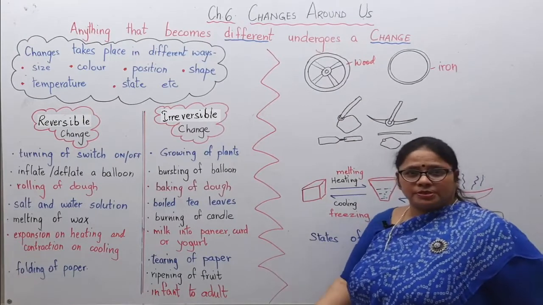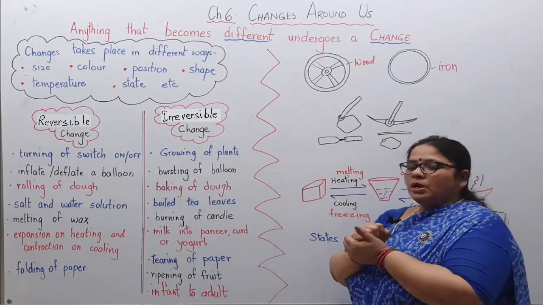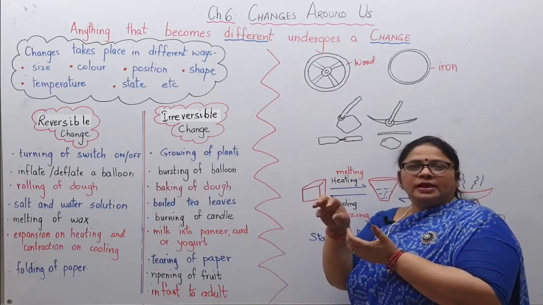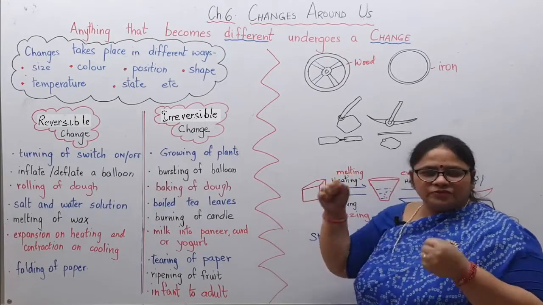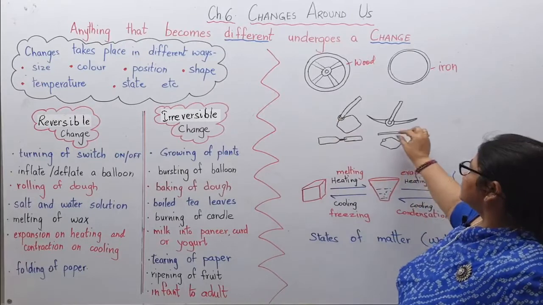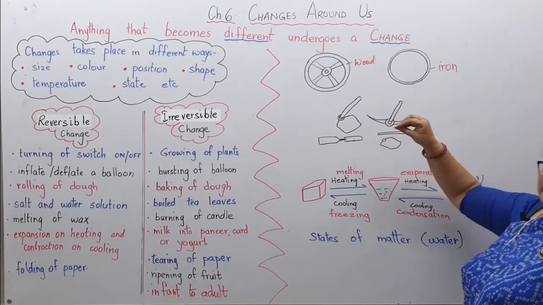So how do they put it? They heat this and then they force the wooden log in that ring, and once it is cooled, it fits in that. So after heating, this expands, and once this wooden block is fit in this ring, it contracts. Okay.